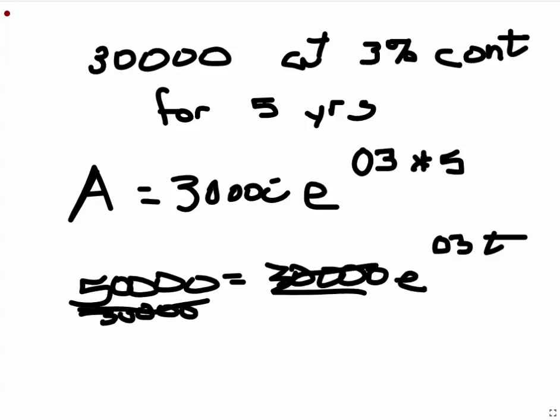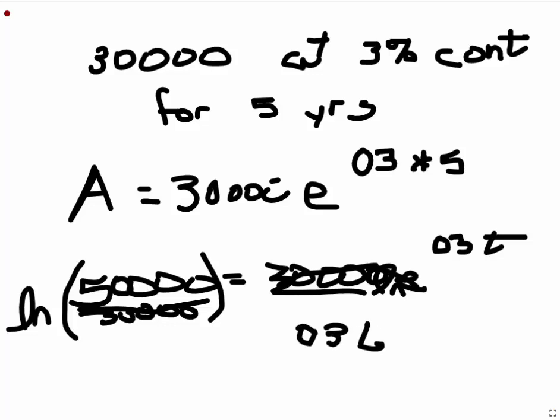Then we always deal with the opposite operation. The inverse operation of e is the natural log. So I would take the natural log of this value, and then the natural log of e cancels to 1, bringing down this power to 0.03t.